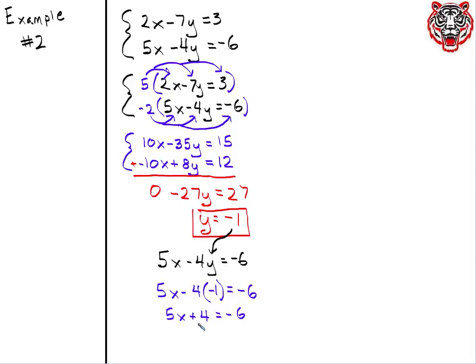Subtract 4 from both sides, so I'm left with 5x. Subtract 4 from the right-hand side, that's a -10, because -6 minus 4 is -10. Divide both sides by 5, and I get x is equal to -2. Box the answer. And my solution is technically -2 comma -1.